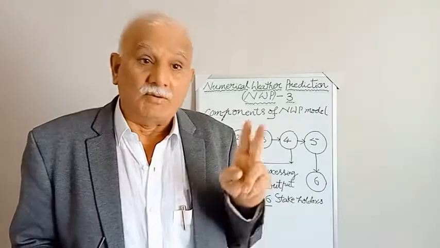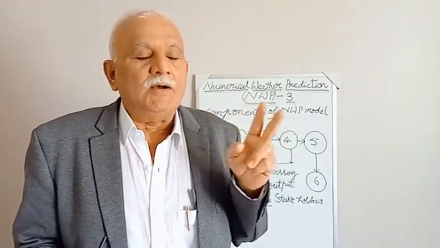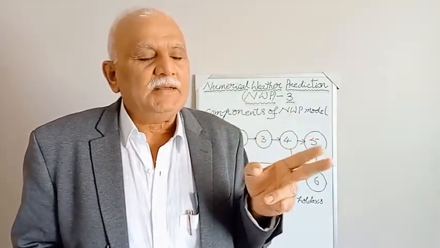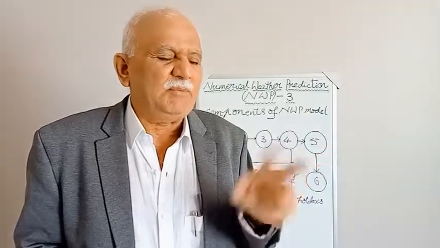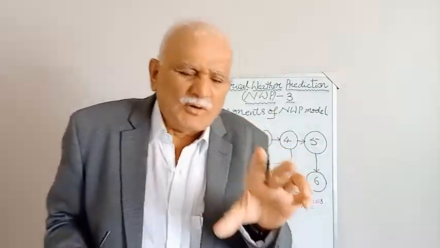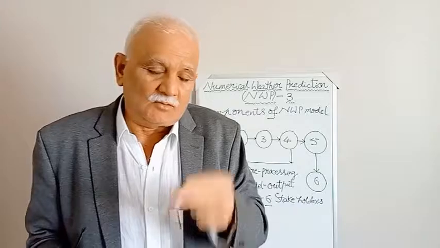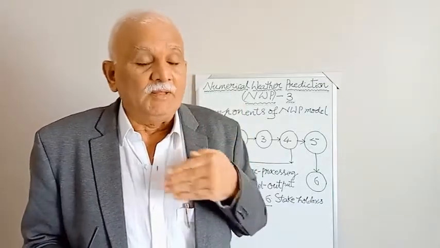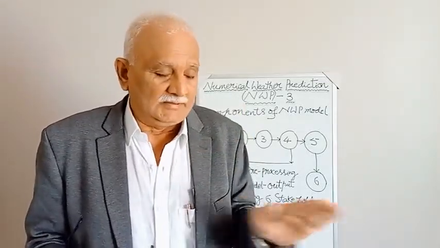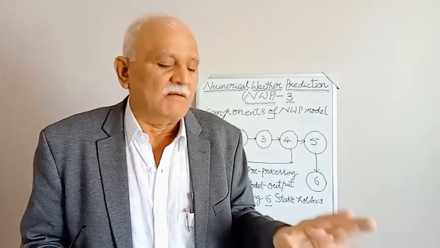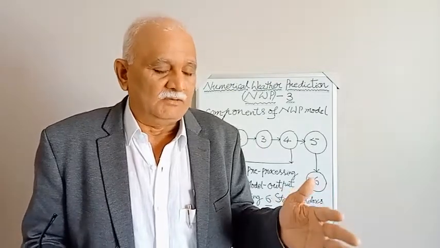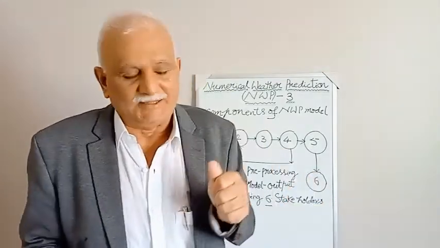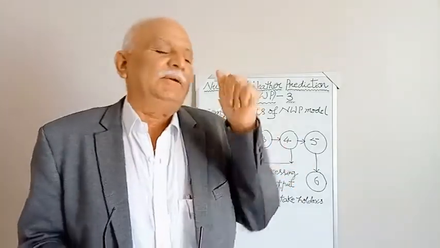This is number one. Number two, the wind pressure gradient is less, which means the Coriolis force is less in the tropics. Number three, in the literature of India Meteorological Department and certain very good books, I also found that the gradient of temperature is also less.